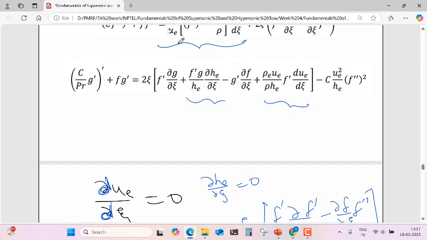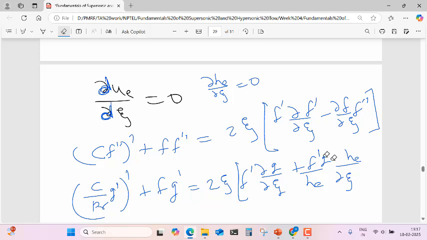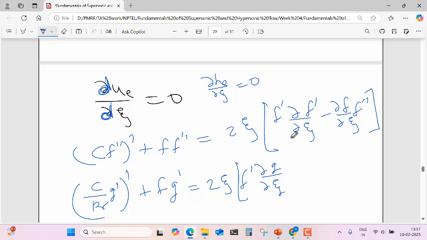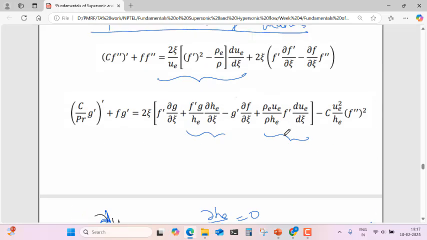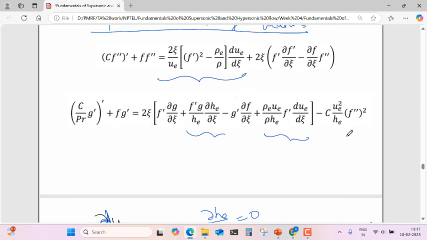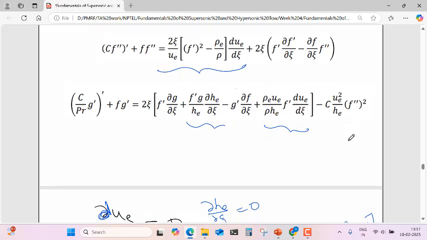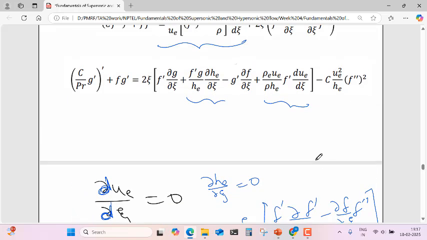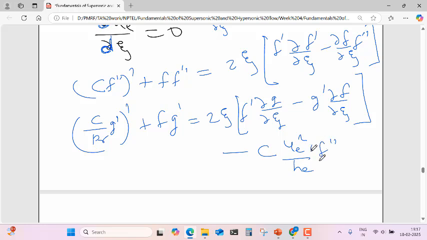This term will also be removed. Minus g' ∂f/∂xi minus C V square upon He f'' square.